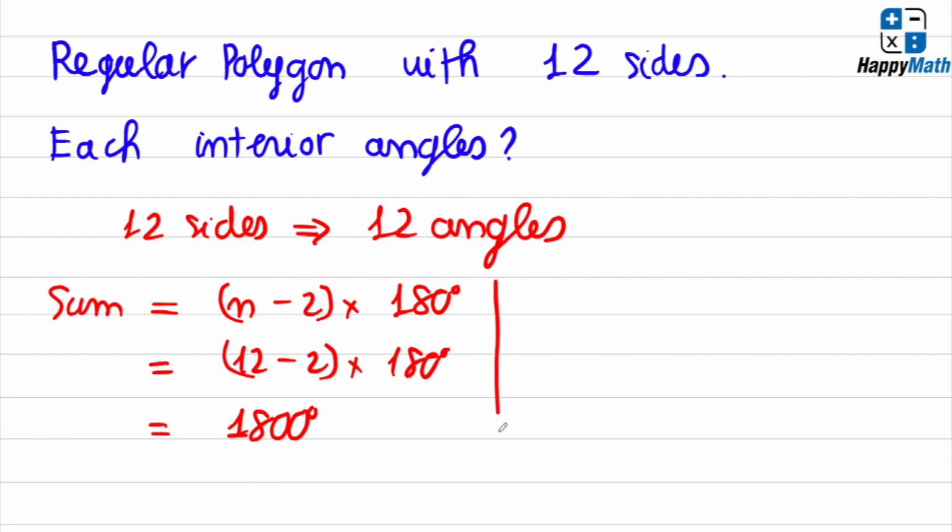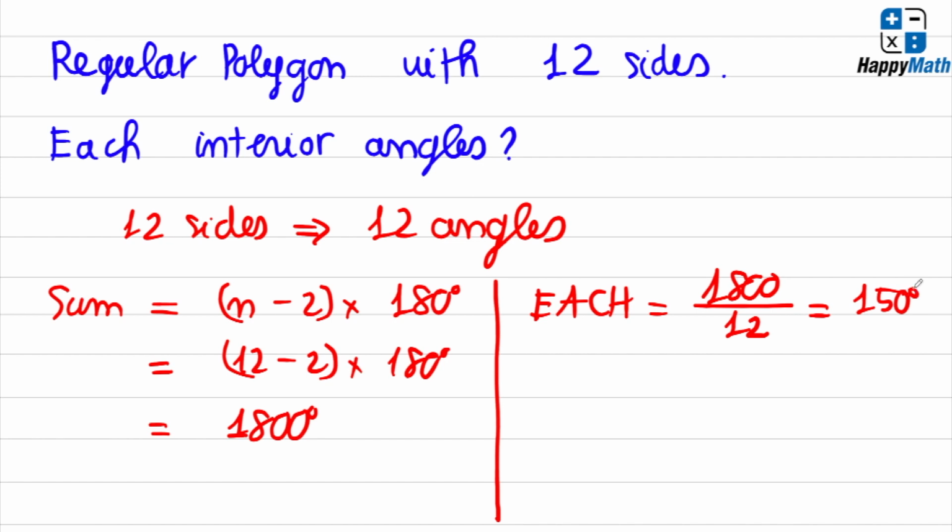And after this, you will have each angle. How can you find each angle? You take the sum and divide by 12 angles. That's all. The answer here is 150 degrees.